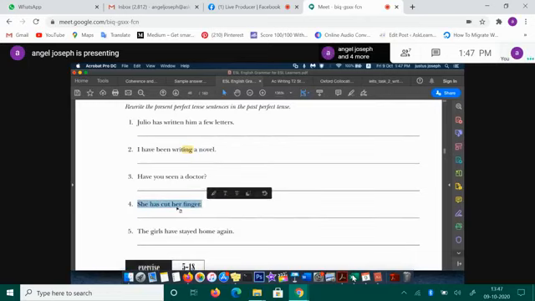She has cut her finger. She had cut her finger. Cut will not change because the participle form of cut is cut itself. There's no change there. So she had cut her finger. That's this answer.